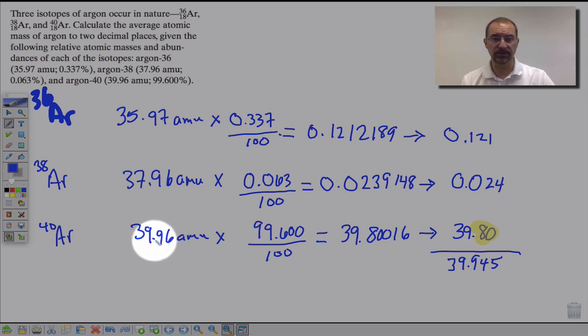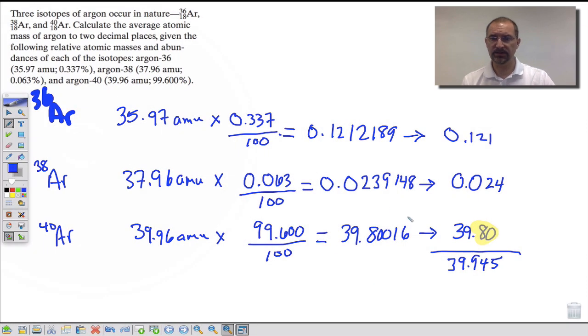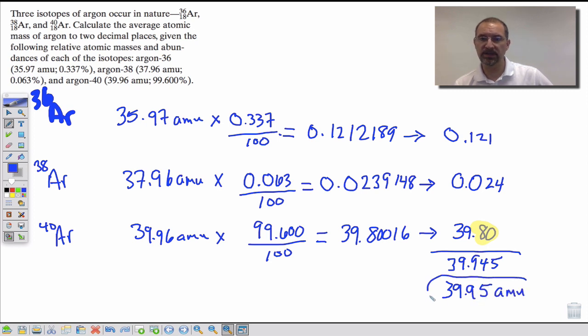And we would expect the answer to be close to 39.96 because of the high relative abundance of argon 40. So let's go ahead and round this to 2 digits to the right of the decimal. So we should have 39.95 atomic mass units as our final answer here. I hope that makes sense. Let me know if you have questions.